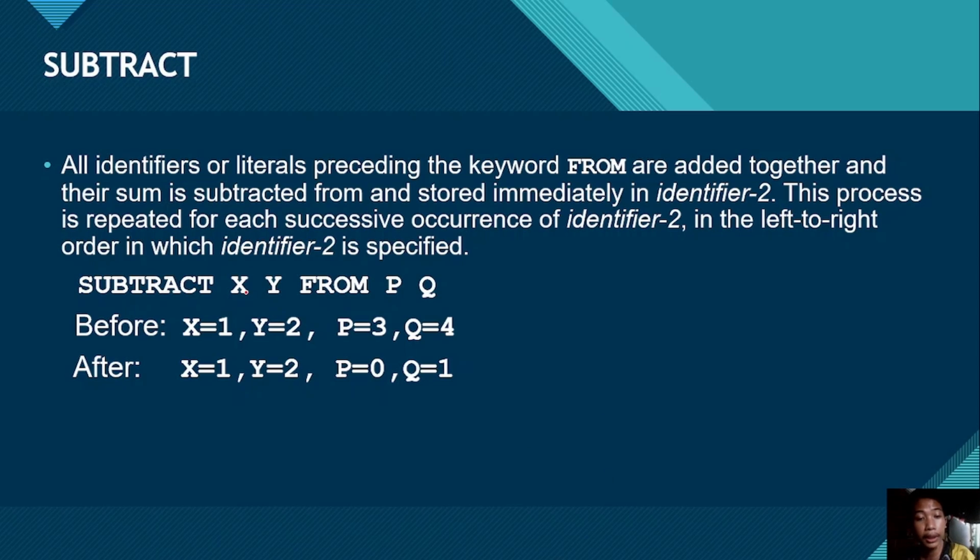So when we subtract x, y from p, q, meaning that if we add this one and then subtract it from p, like 1 plus 2 is 3 minus 3 would have a result of 0. 1 plus 2 minus 4 would have a result of 1, a new variable which is 0 and 1.